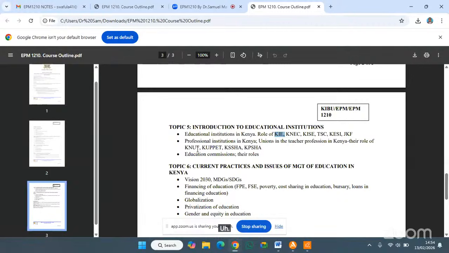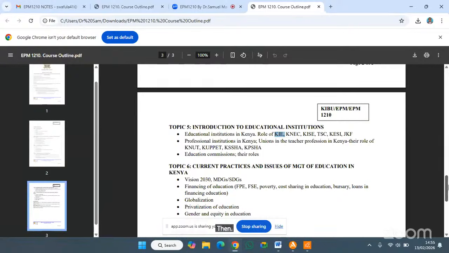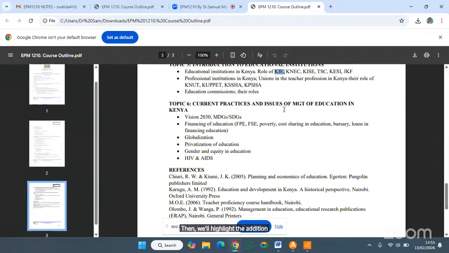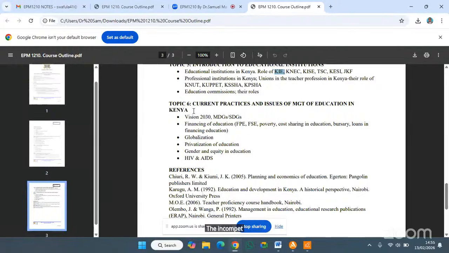Also, other professional institutions like the teachers' unions, KNUT, KUPPET, KEPSHA, and so forth. Then we'll highlight the education commissions and their roles, right from the first commission by Ominde to the latest that introduced competency-based education.